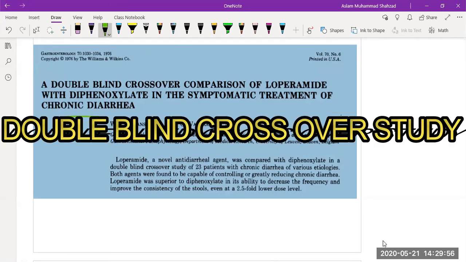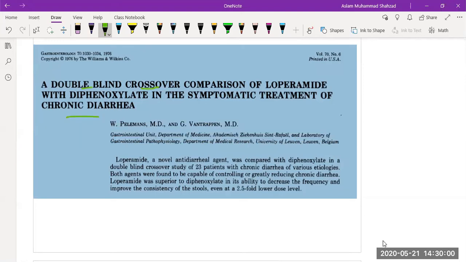This is a double-blind crossover study of 23 patients with chronic diarrhea of various etiologies, and they found that both are capable of controlling or reducing chronic diarrhea, but loperamide was superior to difenoxylate in decreasing the frequency and improving the consistency of the stool at around a 2.5-fold lower dose level.